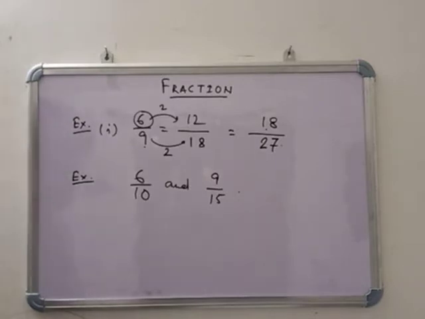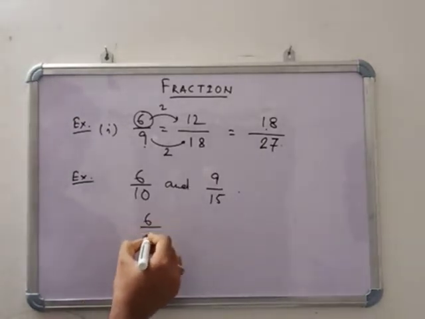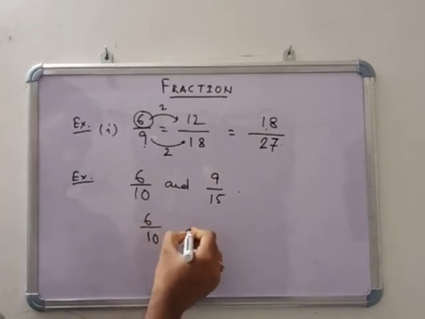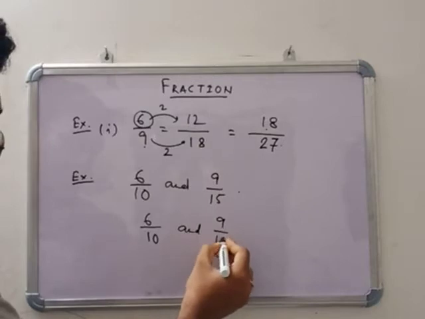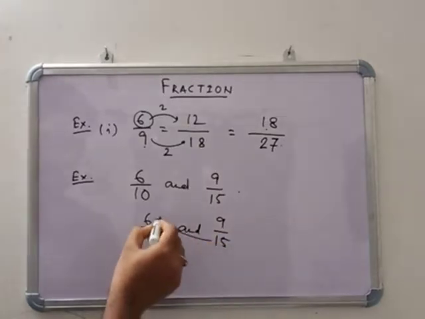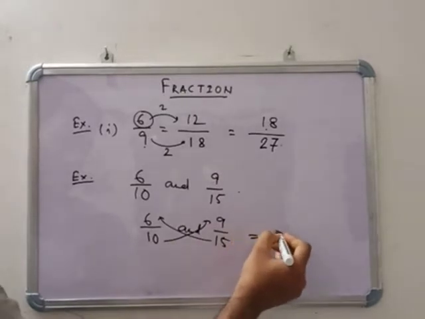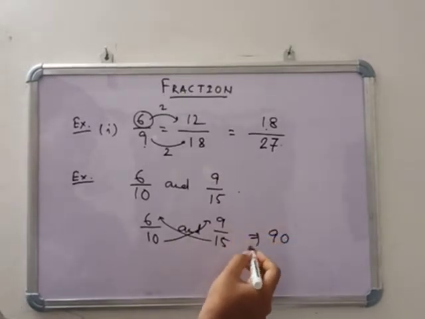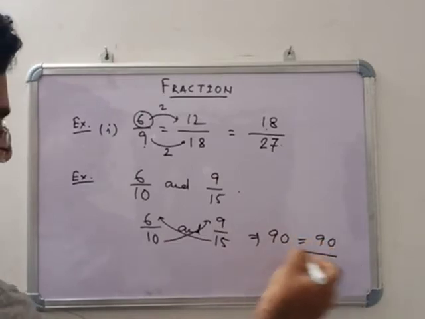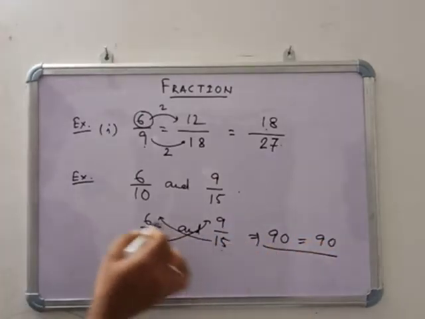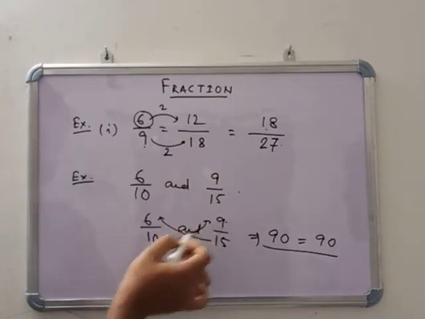You have to cross multiply. 6 into 15 is 90, and 9 into 10 is 90.